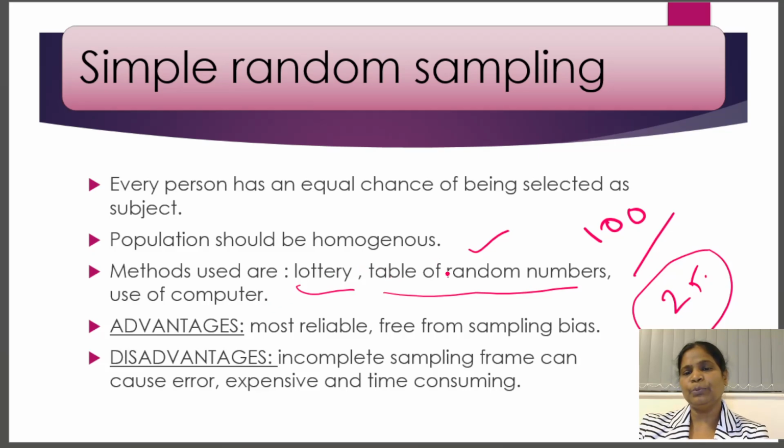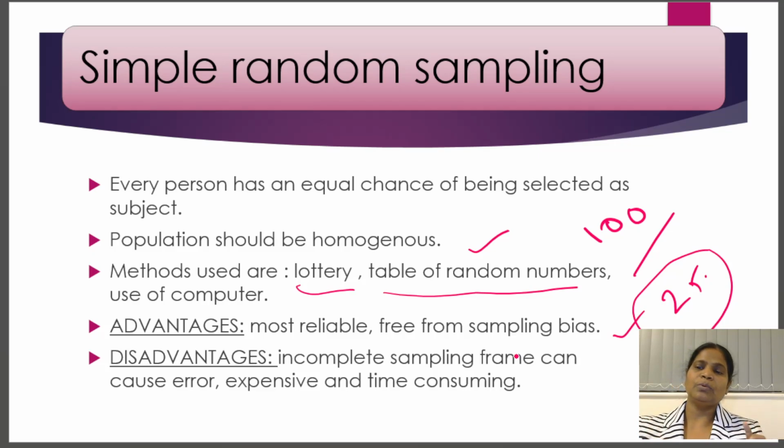By using computers, we can take random numbers from the system. Advantages: most reliable, free from sampling bias. Disadvantages: an incomplete sampling frame can occur, and it is expensive and time consuming as well. So you should be very careful with the sampling frame when using this method.